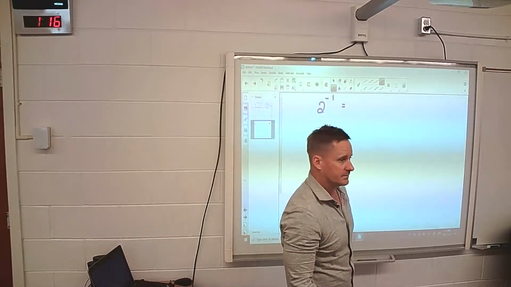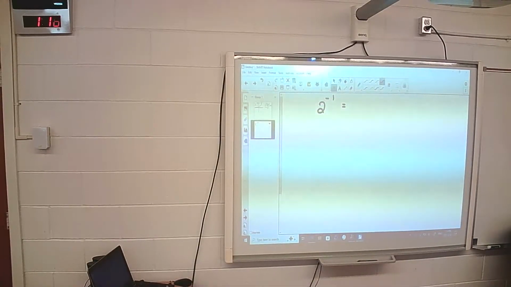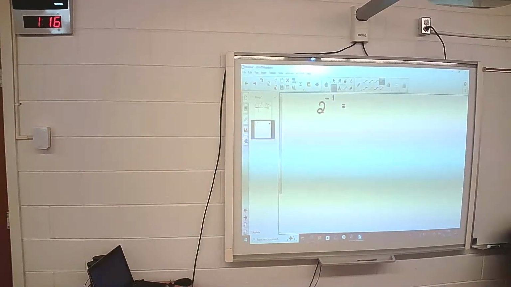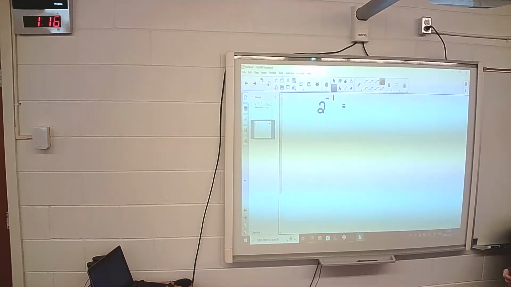It's not a minus. Think back to grade 10 and 11. A long time ago. When I have a negative exponent, how do I make that exponent positive? 1 over 2 to the 1. Yes.